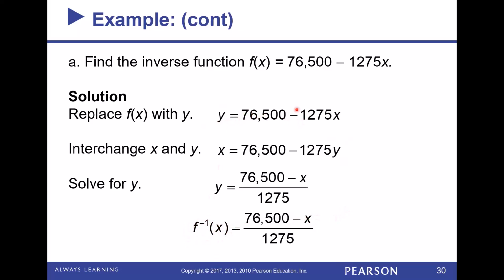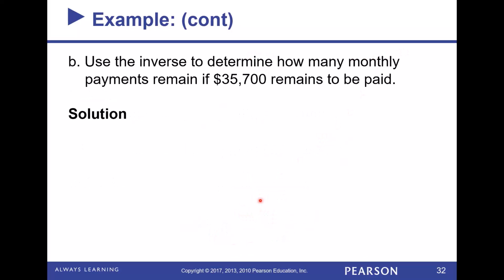Again, the original function gave the remaining balance on the loan, and this was how many payments were made. So now when I take my inverse, I can use that inverse function of 76,500 minus x, divided by 1,275.